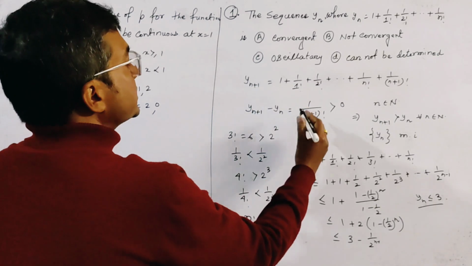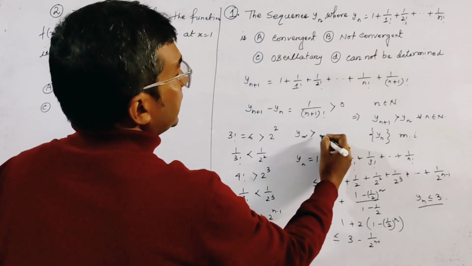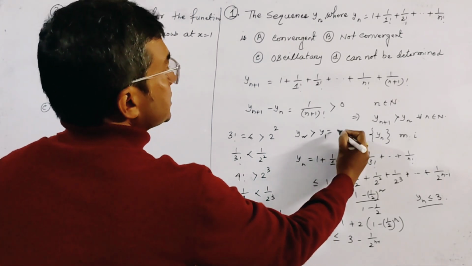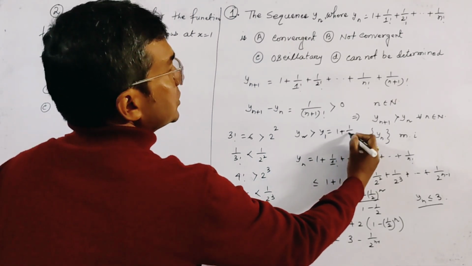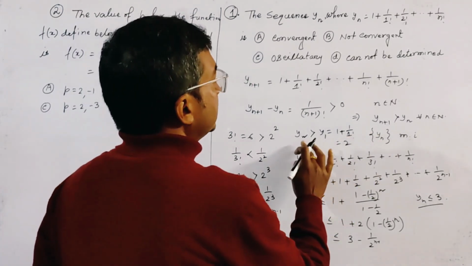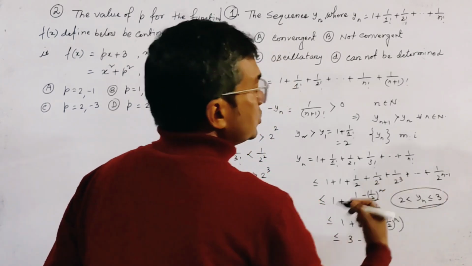And also it is clear that yn is greater than y1, and y1 is given by 1 plus 1 by 1 factorial, which is 2. So we write 2 is less than yn less than or equal to 3.